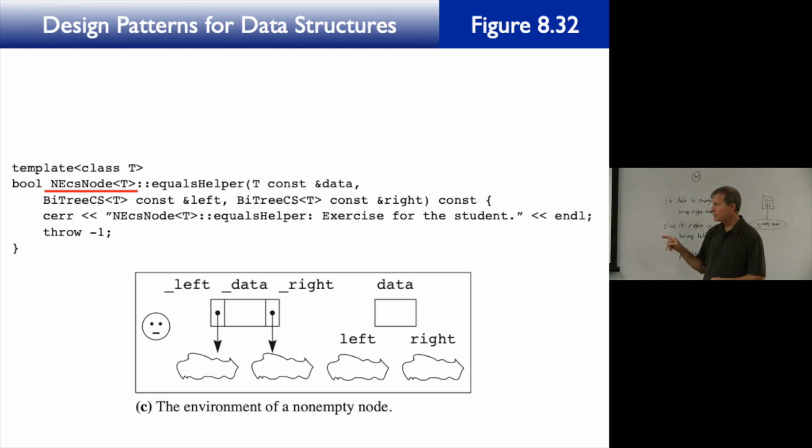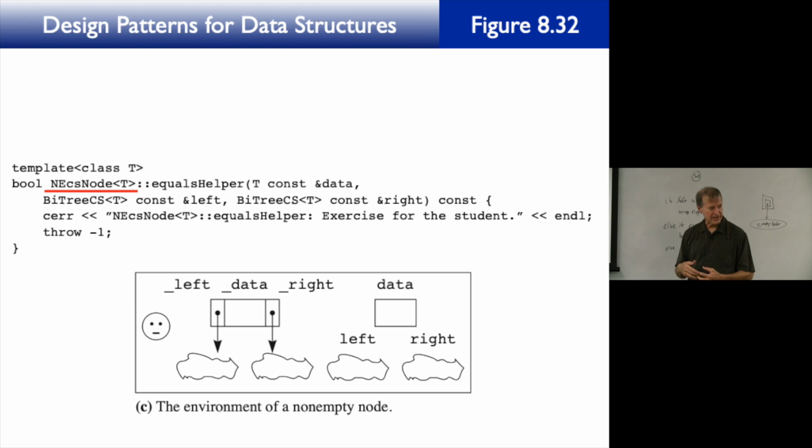In 8.32C, we are in the non-empty node of the helper. Are you with me? And because we are in a non-empty node, what do we have access to? We have access to underscore left, underscore data, and underscore right, because they are our attributes.